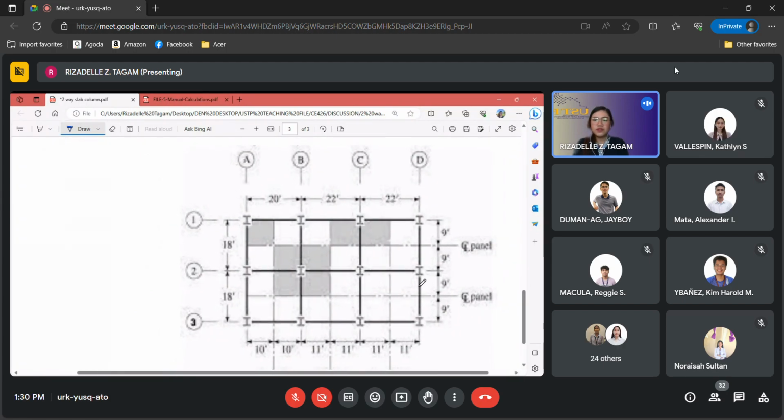Okay? Tributary area, let's say this is a column. Tributary area is half gyapon, but form na og either square or rectangle. Half sa upper, half sa lower, half sa left, and half sa right.